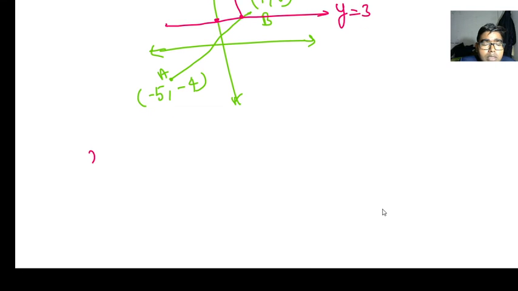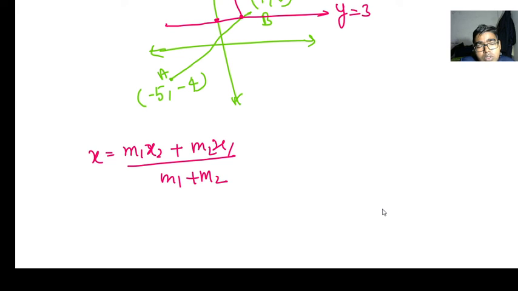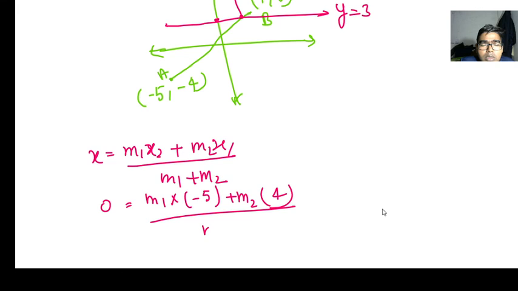Then x equals m1 x2 plus m2 x1 divided by m1 plus m2, right friends? So x is always 0 in this case. m1 we don't know, x2 is minus 5, m2 we don't know, x1 is 4, divided by m1 plus m2.